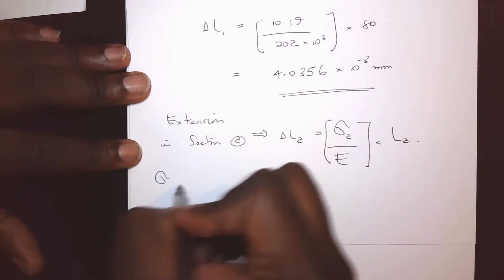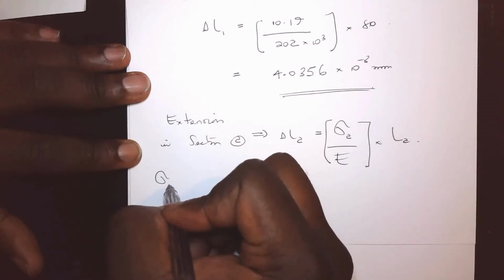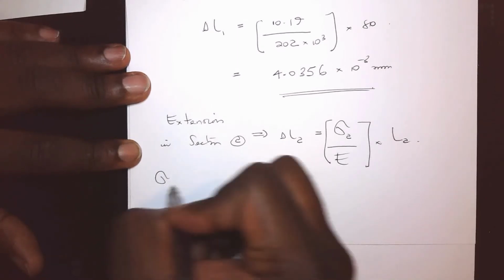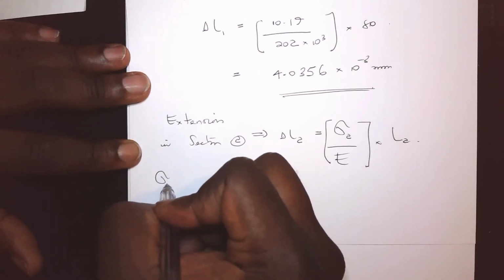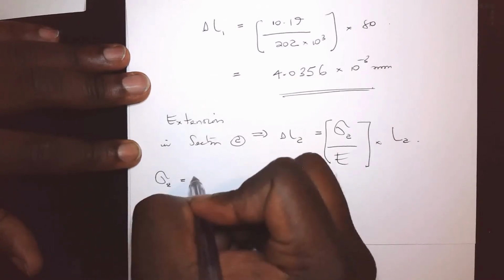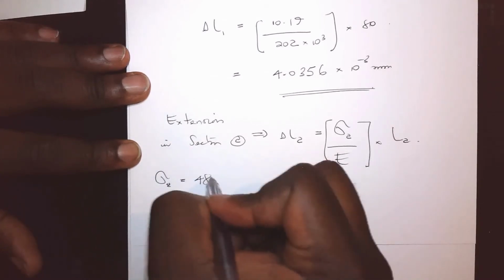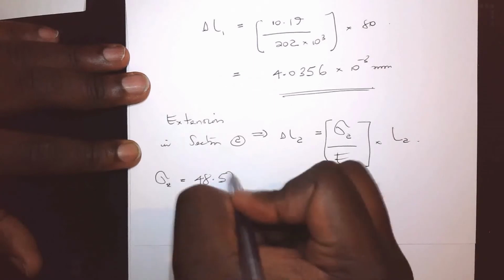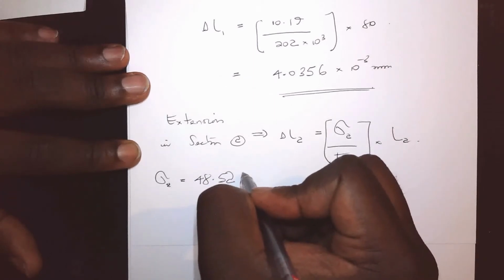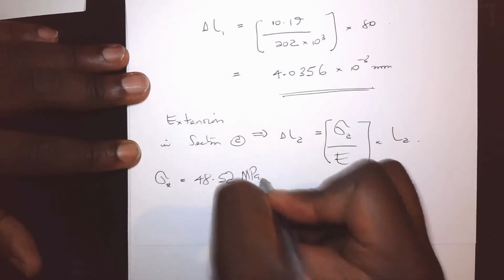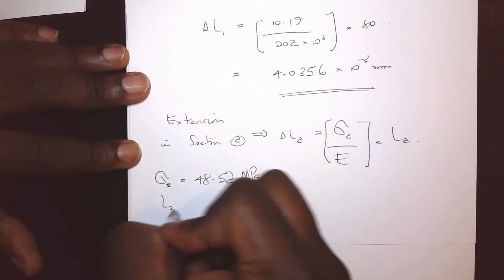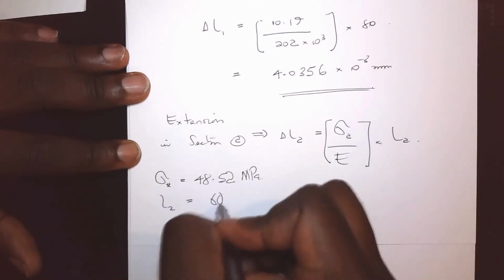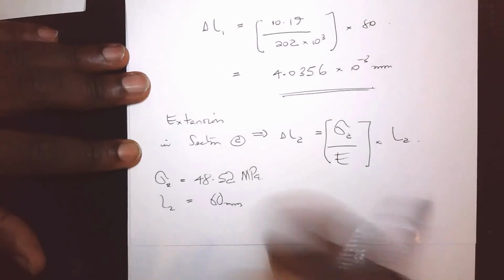So again, E is the same as previously, that's 202 GPa. The stress, we calculated that to be 48.52 MPa. And L2 from the problem was given as 60 millimeters.